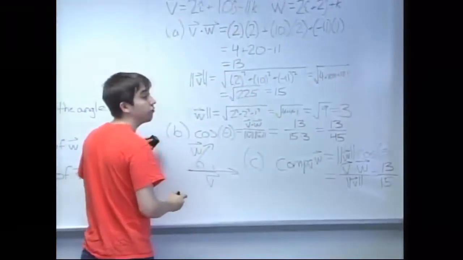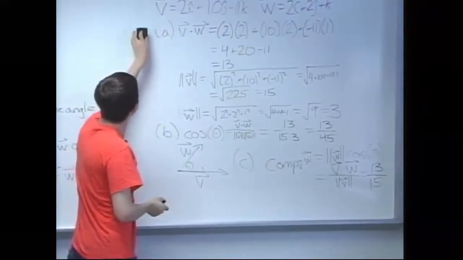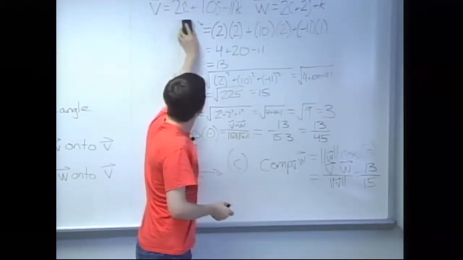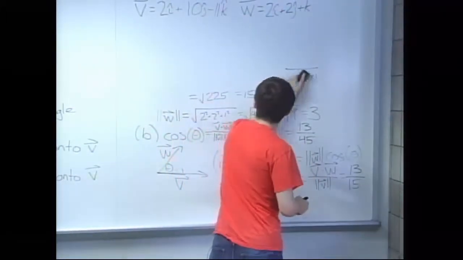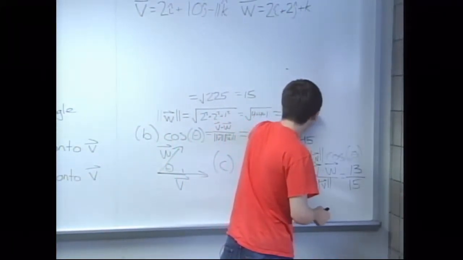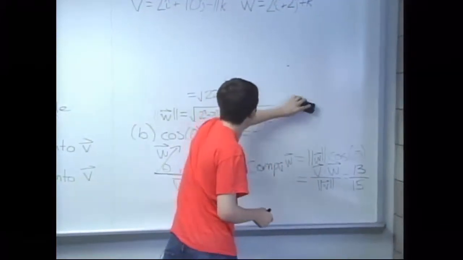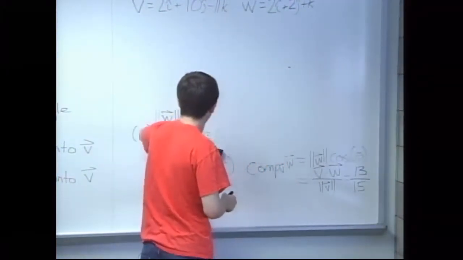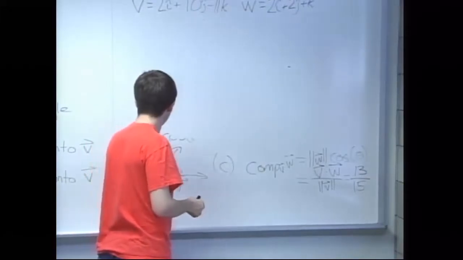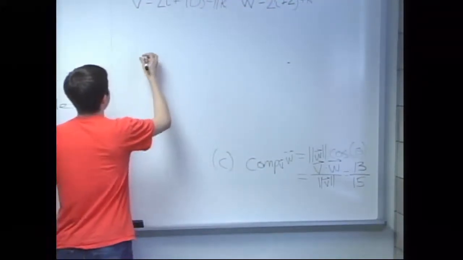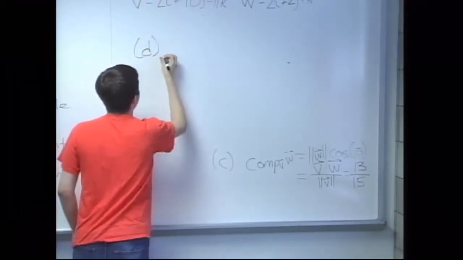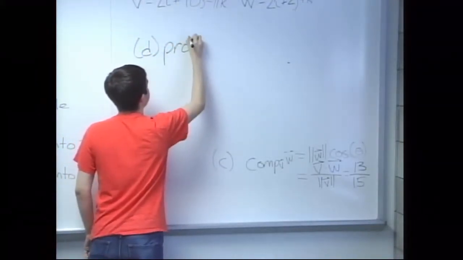I'm just going to go ahead and erase this now, and I'm going to go ahead and solve part D. I'll leave that the component is equal to 13 over 15, though, because that is going to be useful. So for part D, we want to find the projection of vector w onto vector v.